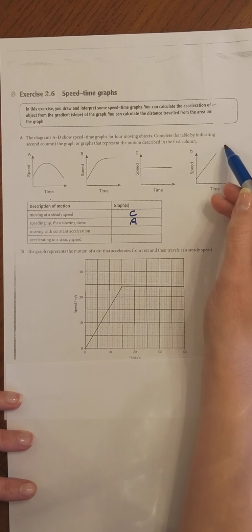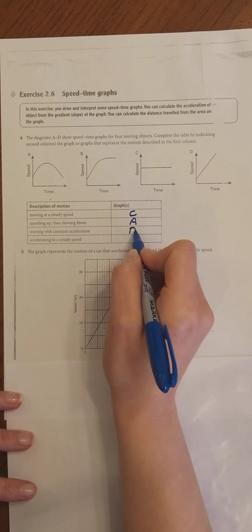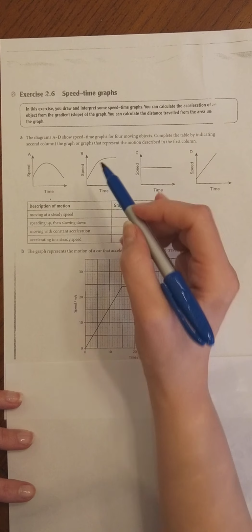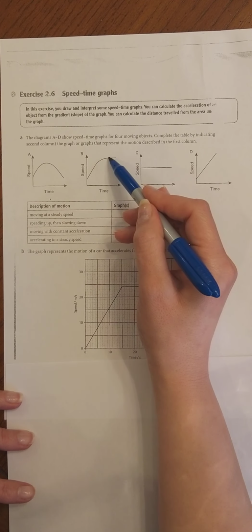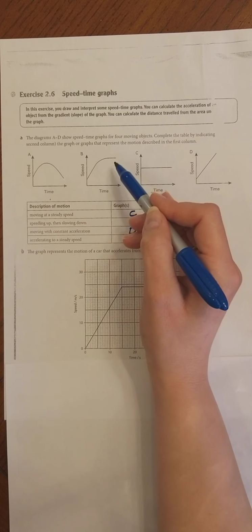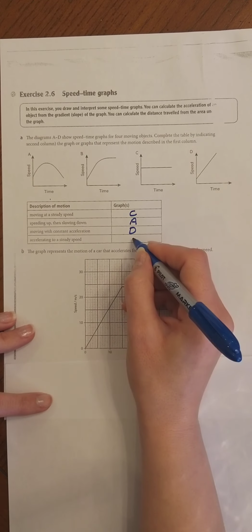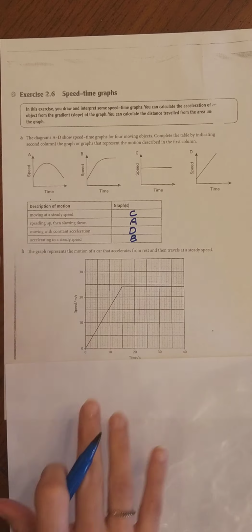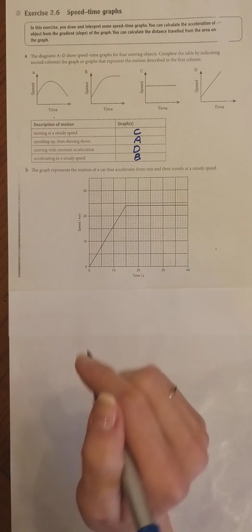Acceleration is a straight line sloping upwards when it's constant, so D. Accelerating to a steady speed. This graph line shows an object that's accelerating, then it's becoming horizontal and straight, so it's becoming steady speed, so graph B.